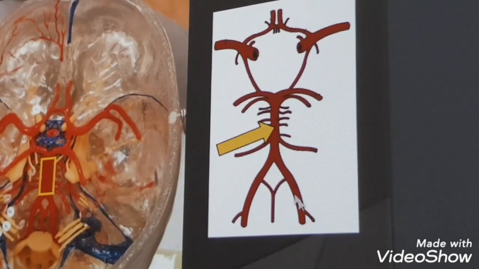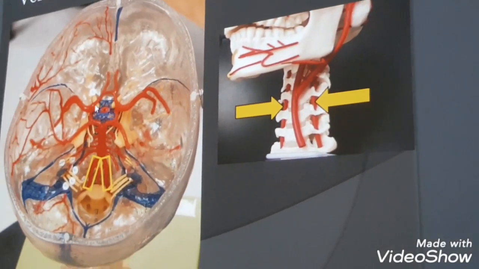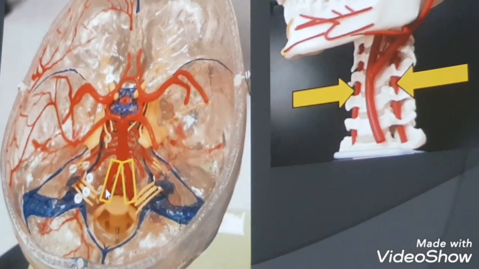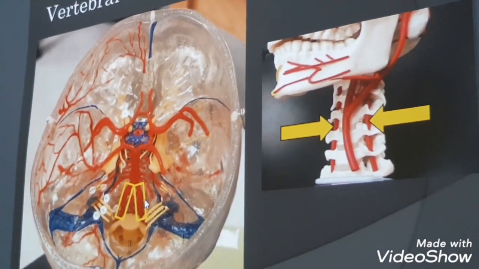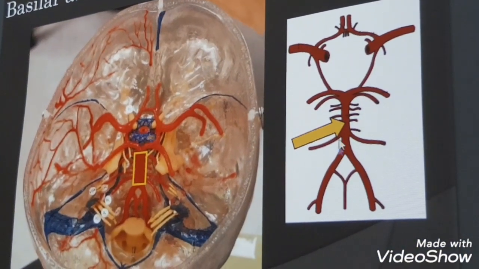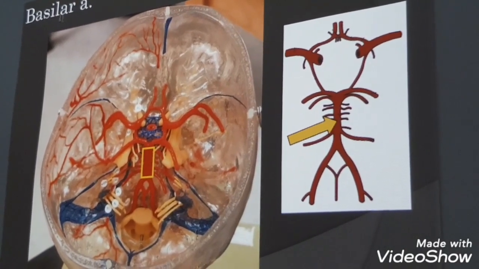Here, the legs are the vertebral artery. I'm going to go back and show you what I mean. Here's the alien. Circle of Willis, the body, the legs. The legs are vertebral artery. The body, I want you to think of B for body, B for base. Basilar artery.